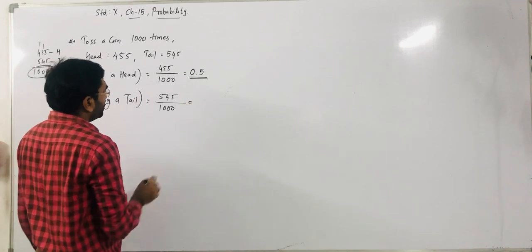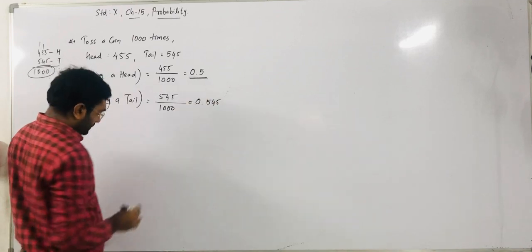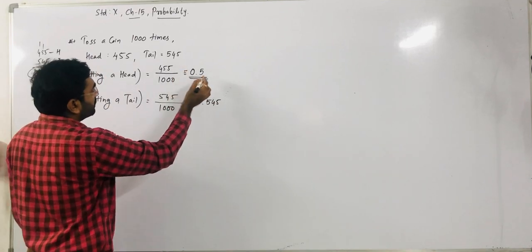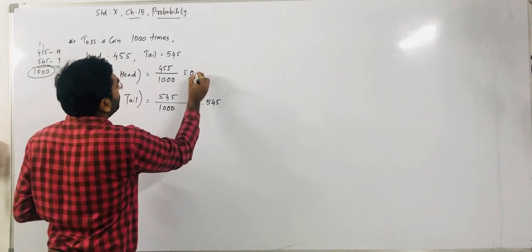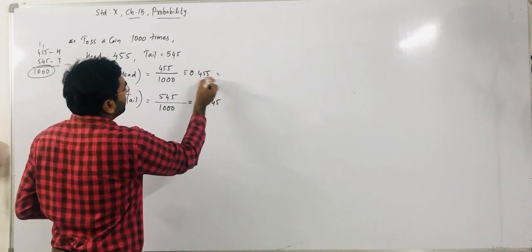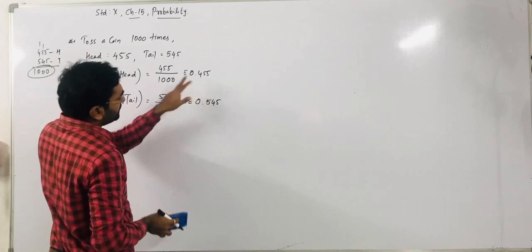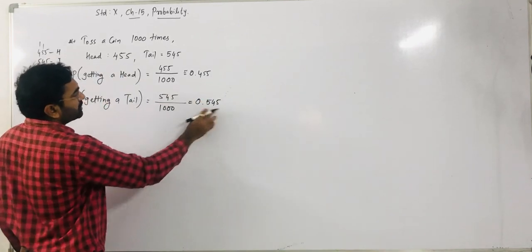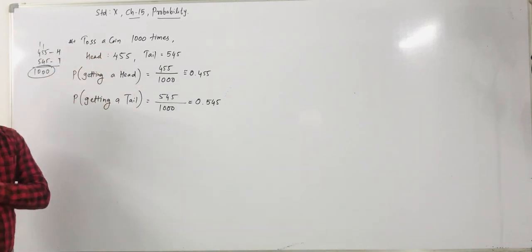So here we get 0.545. Here I write the approximate value, because for the head you get 0.455, which is nearby 0.5, and here it is 0.545. So this is for 1000 tosses.